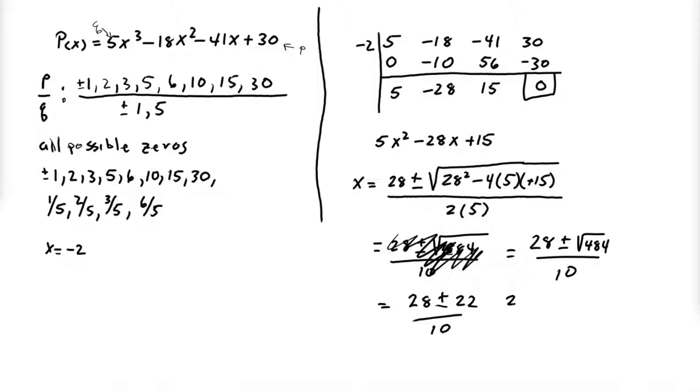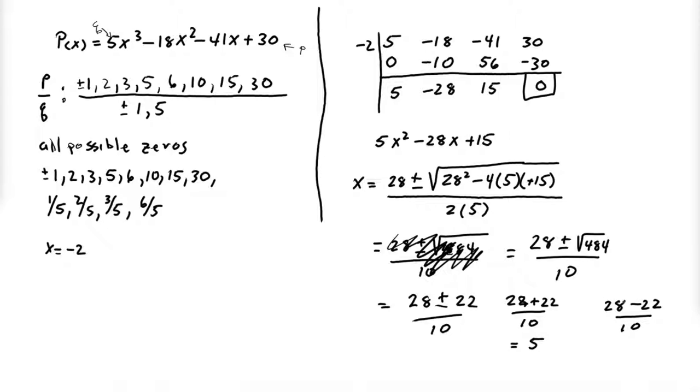So I do 28 plus 22 over 10, and I do 28 minus 22 over 10. 28 plus 22 over 10 is 5, so this one equals 5.